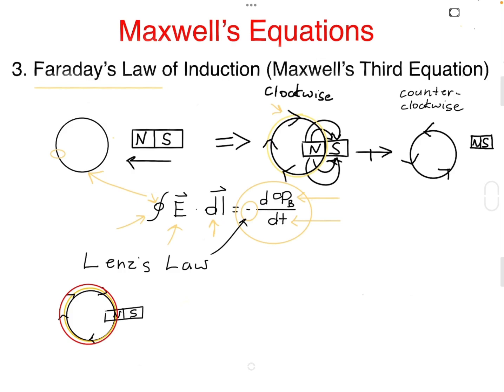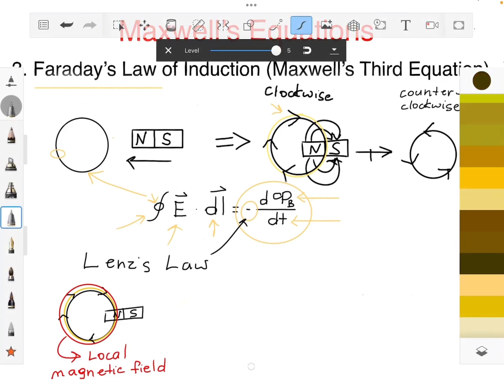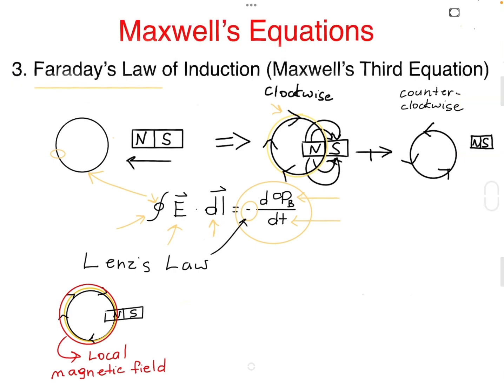So now we have a different type of magnetic field, and that magnetic field is also called the local magnetic field. Why? Because we have another type of magnetic field also. It's due to this bar magnet that we have.